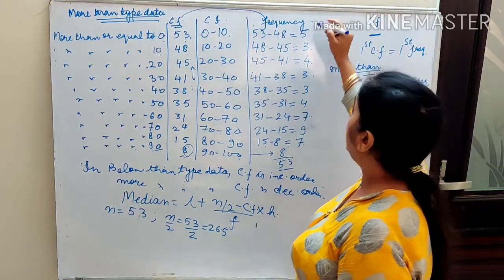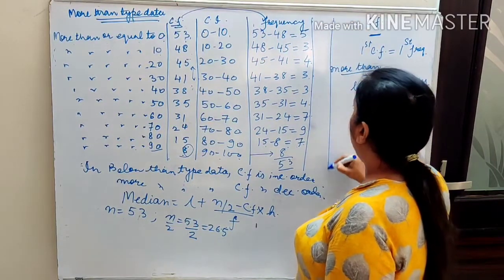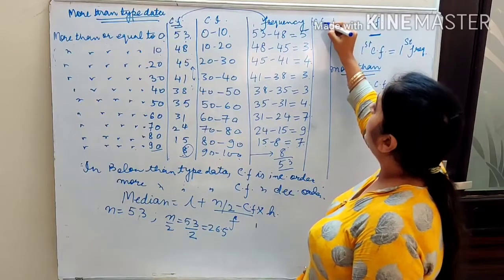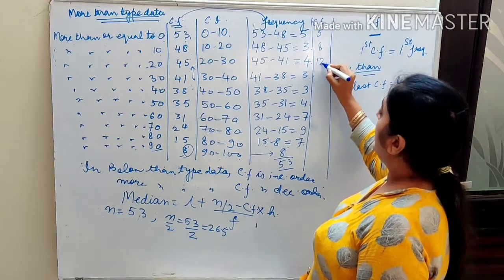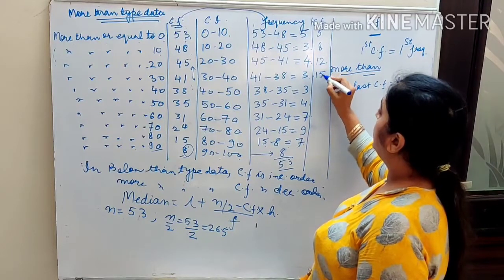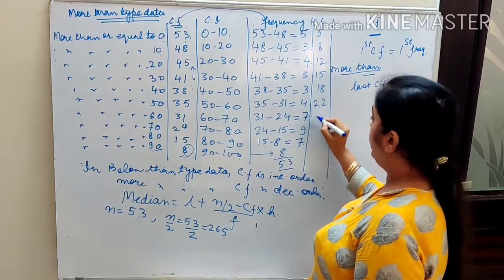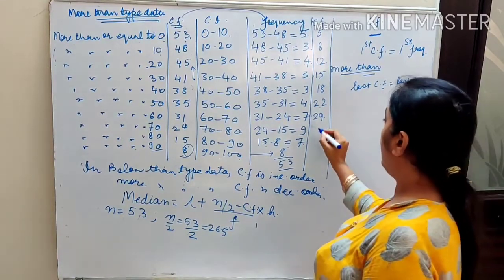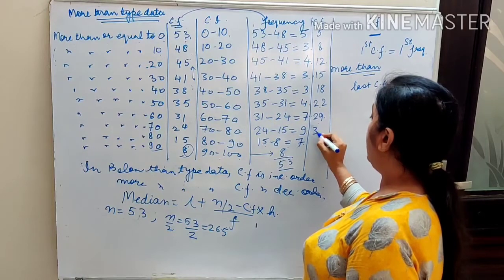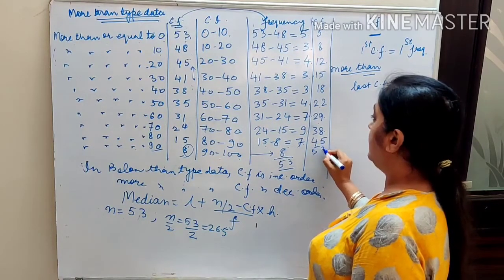First you will make a frequency distribution table in increasing order: 5, 8, plus 4, 12, plus 3, 15, 18, 22, 29, then comes 38, 45 and 53.